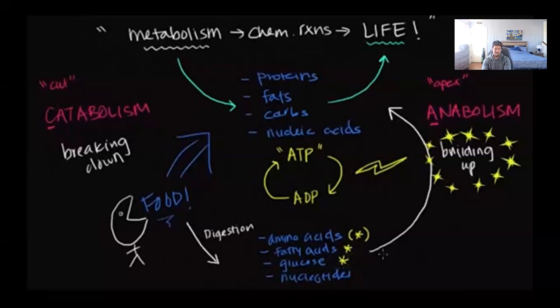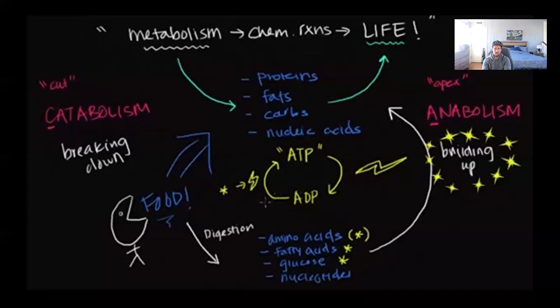So just like wood, for example, is a fuel for a burning fire, which produces heat, these fuels in our body can essentially be broken down even further to produce the energy that's necessary to convert ADP back into ATP, and thus allowing this cycle to continue.